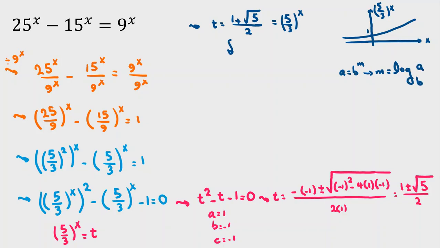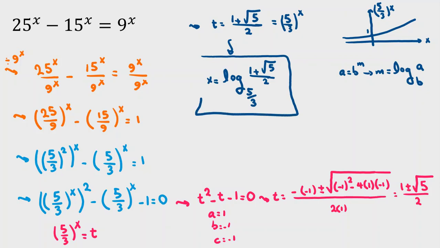Now, by this definition, can you tell me x equals log what of what? Log 5 over 3 of 1 plus root 5 over 2. So we found that x equals this, and we've solved this problem.